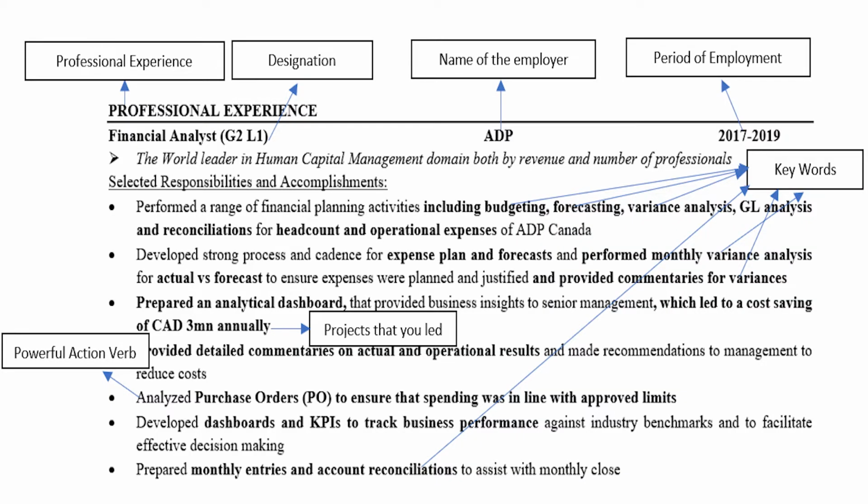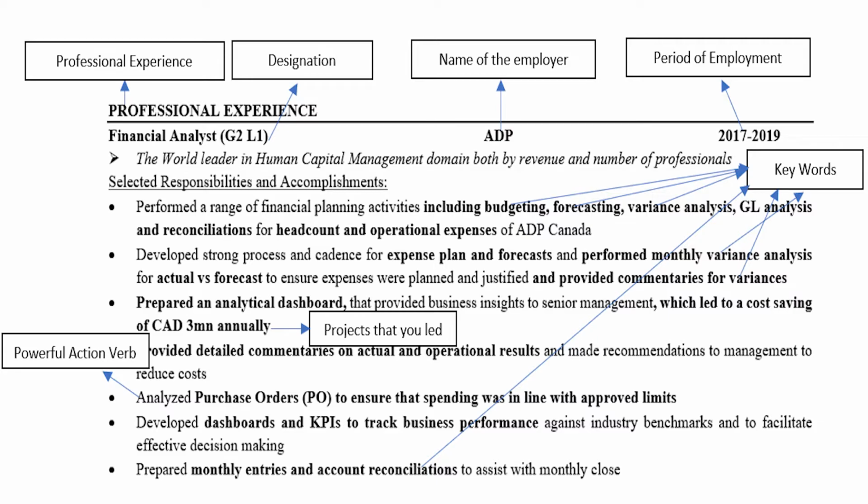So the next section is the professional experience section. Now this section forms the core of your resume, and it has to be customized based on the job description. Your professional experience has to include about 60% of all the keywords, and the remaining 40% would go to the summary of qualifications and achievements section.